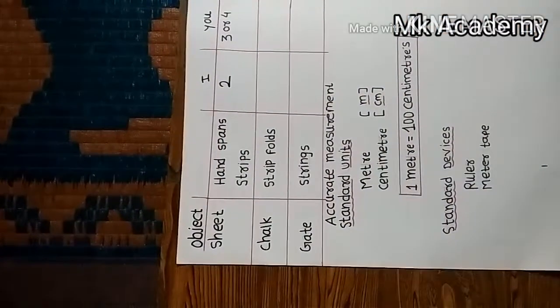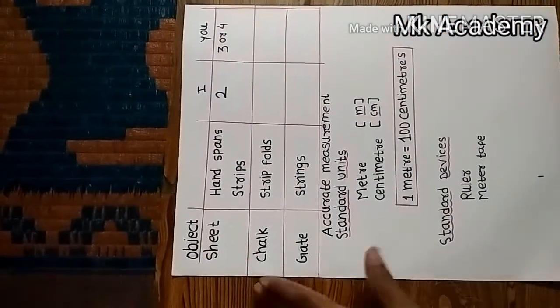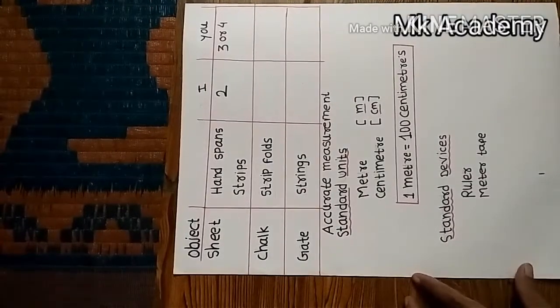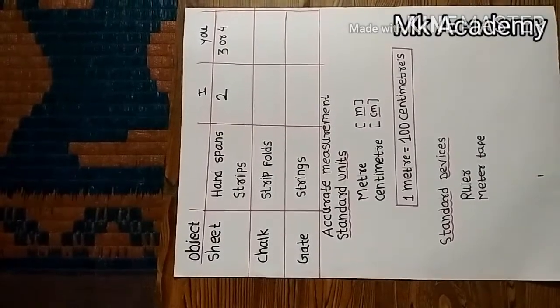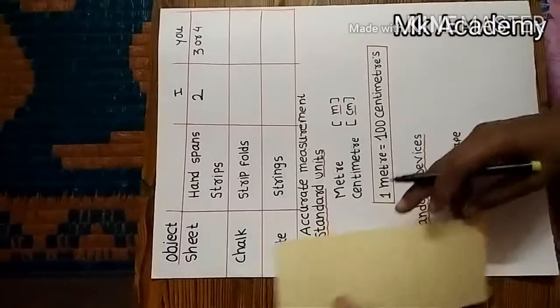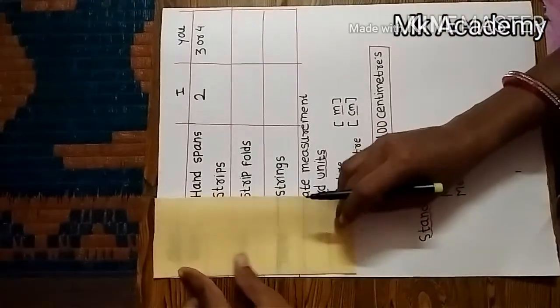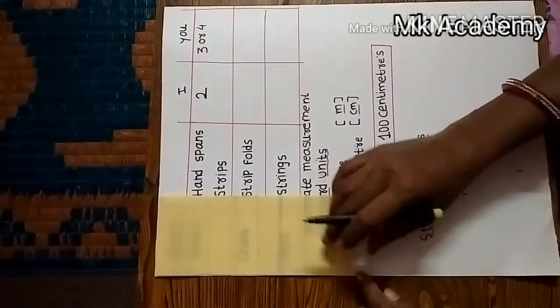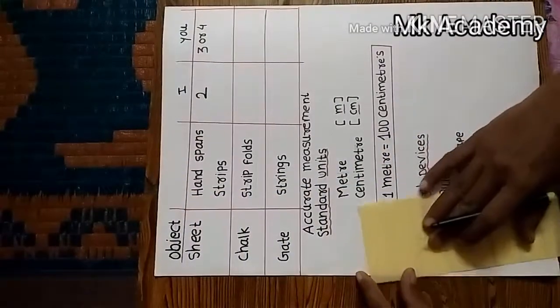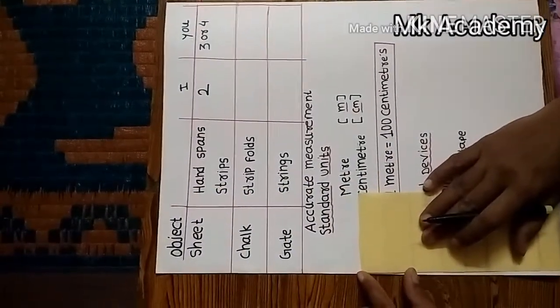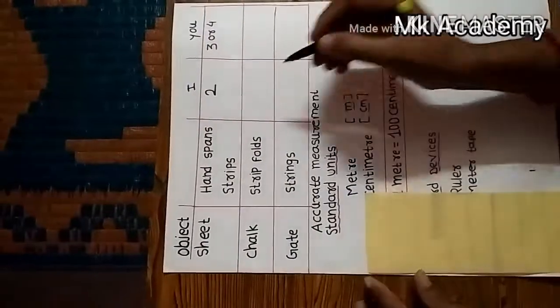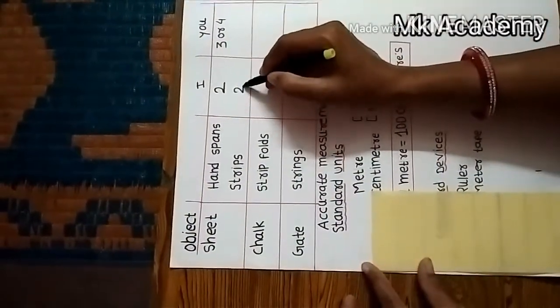Now, if we measure the length of this sheet by using strip, let's measure: 1, 2. The length of this sheet is 2 strips.